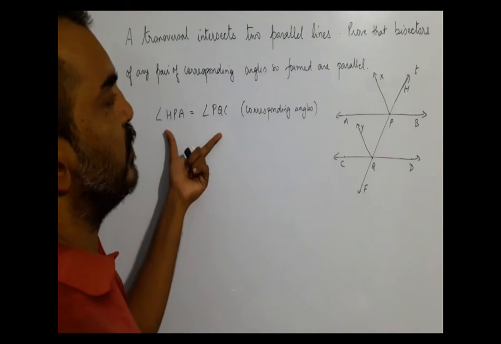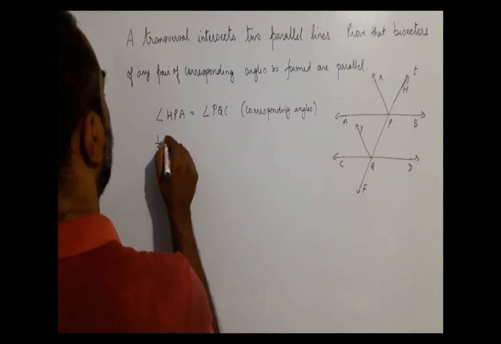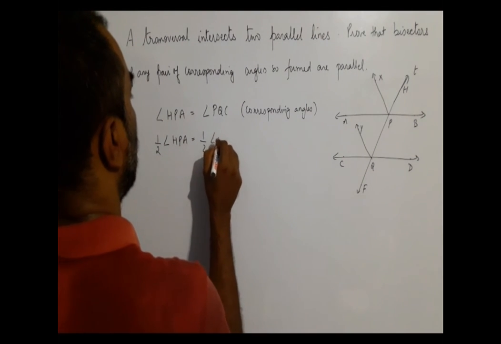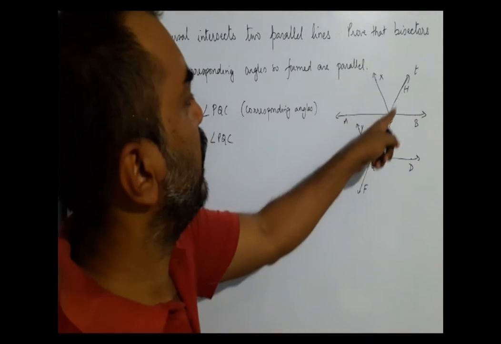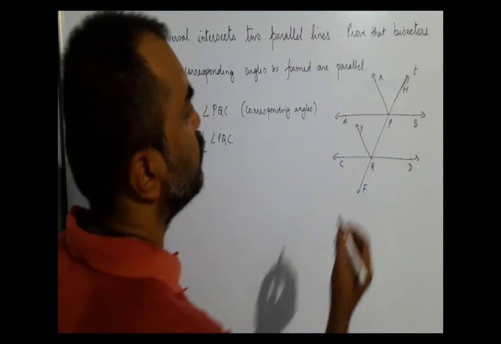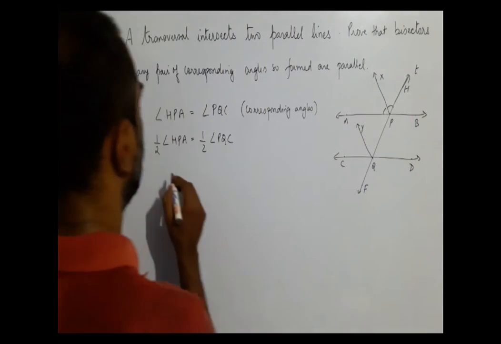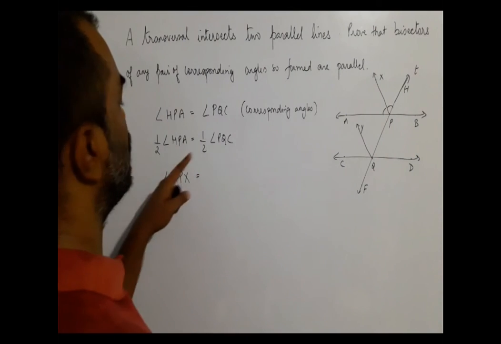Okay, so these angles are given equal. So by Euclid's axiom, half of HPA can be written as half of angle PQC. Halves of equals are equal. Now what is half of HPA? Half of HPA is HPX, because these two are equal. So I can write angle HPX is half of HPA.